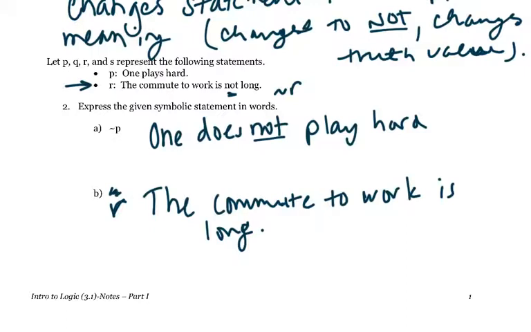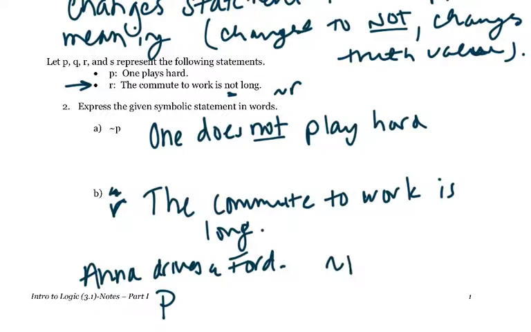So if I were to say this statement, Anna drives a Ford, and that's my statement, and let's call that P. Not P would be Anna does not drive a Ford.